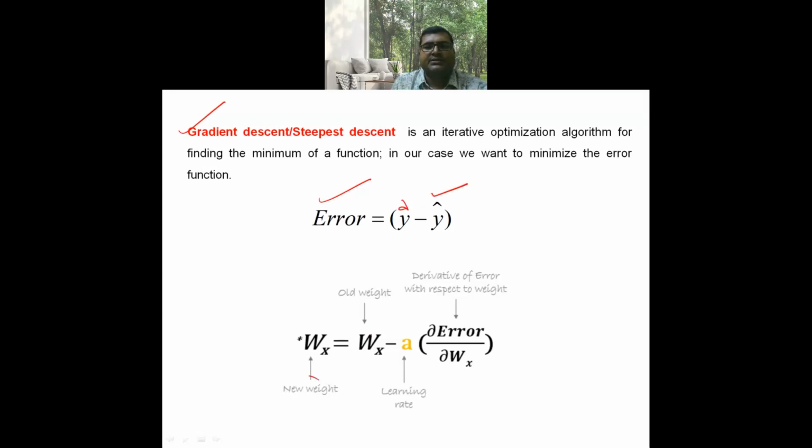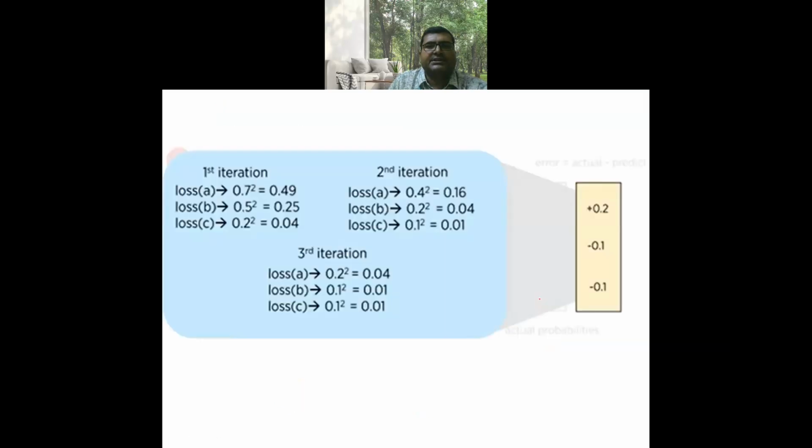To minimize the error in the next iteration, the new weight is equal to the old weight minus alpha, the learning rate, times the partial derivative of the error with respect to the weight. This is the weight updation process in the gradient descent algorithm, and you can observe the error in the first, second, and third iterations.